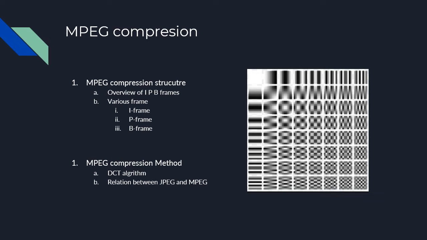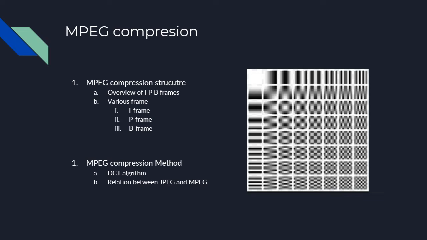Just like the DCT algorithm, all of the image can be created by some combination of these images with some parameters involved, and therefore we can construct a small block of the image, and we can divide the entire image into separate blocks. Therefore we'll have our image compressed, and this is basically the idea of how I frame compression works.